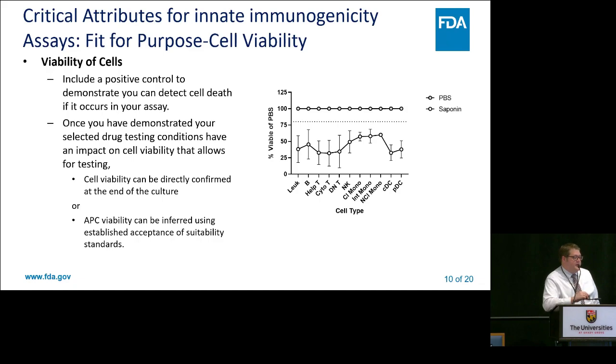And once you've demonstrated through developmental data that your selected drug concentrations have a minimal impact on viability, at the end of your pivotal studies, cell viability can either be directly confirmed at the end of study, or perhaps the viability can be inferred using established acceptance suitability standards, going back to what Noel was suggesting, that as long as you can demonstrate sensitivity, an actual formal demonstration of viability may not be required.